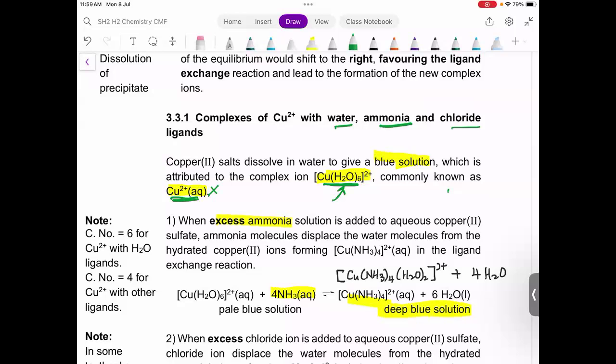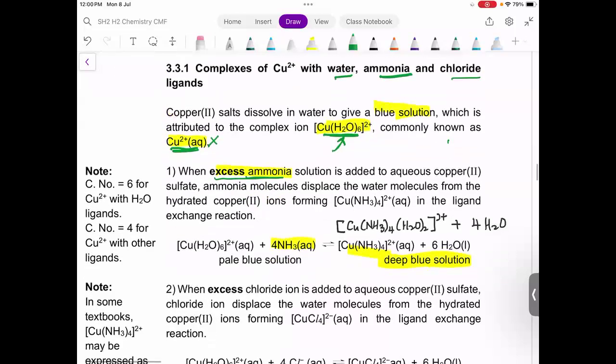Right. So in the presence of excess ammonia, what will happen is also a ligand exchange. The ammonia introduced can displace the water molecule. If you follow the A-level assessment, this is how they tend to represent their tetraamine copper 2 complex. If you write this, then instead of having 6 water molecules released, there are 4 instead.